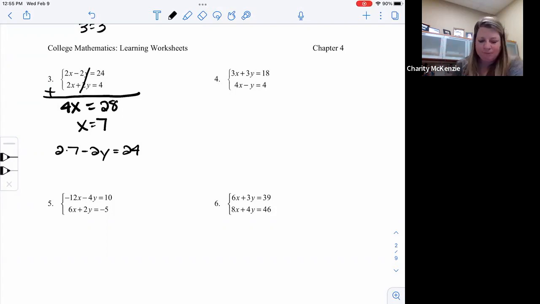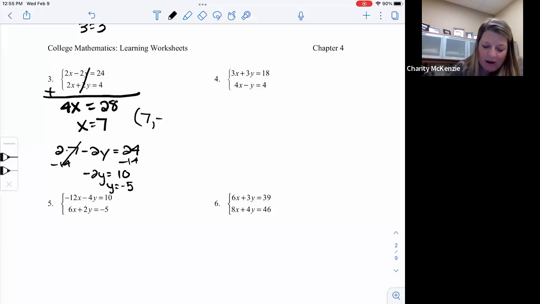It doesn't matter. 2 times 7 is 14, so I'm going to subtract the 14 over. That goes to 0. I have negative 2y equals 24 minus 14 is 10. Divide over, and y is negative 5. So my final answer is x, y. That's the point where they cross.